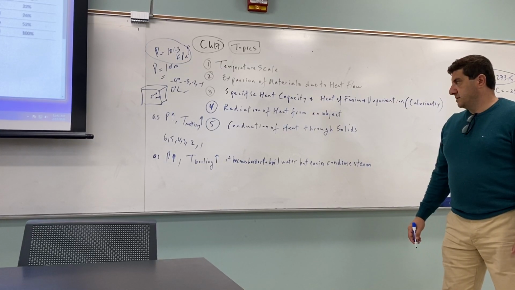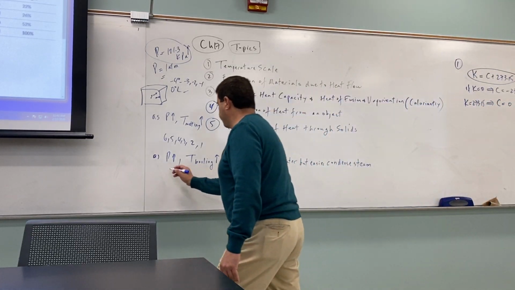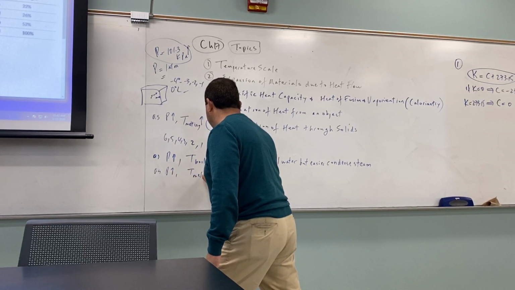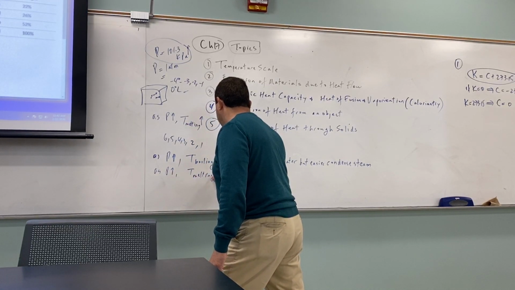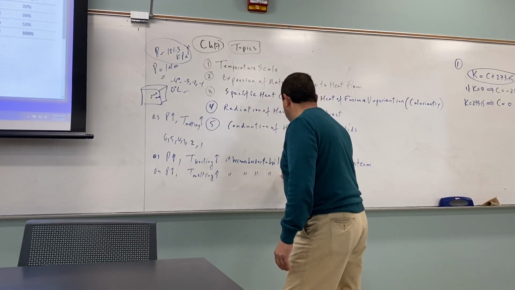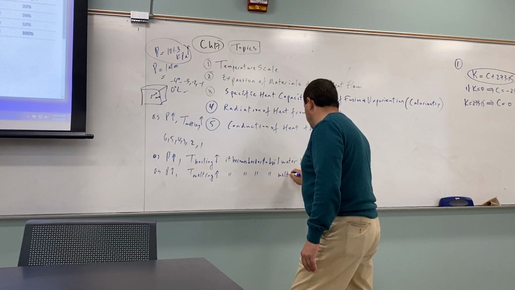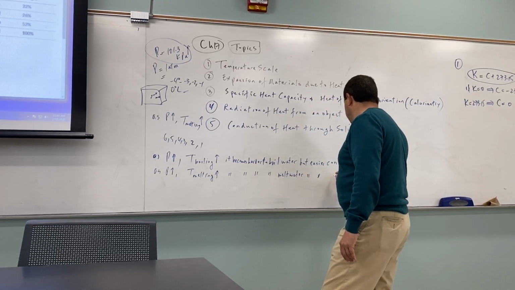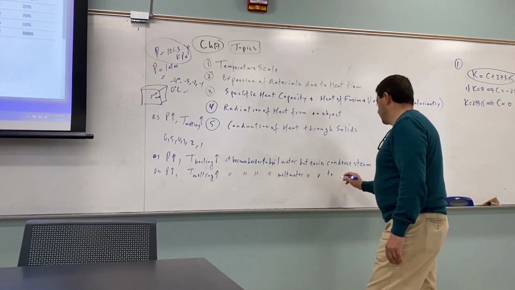Right? So therefore, as pressure goes up, T melting goes up, it becomes harder to melt water, but easier to what?